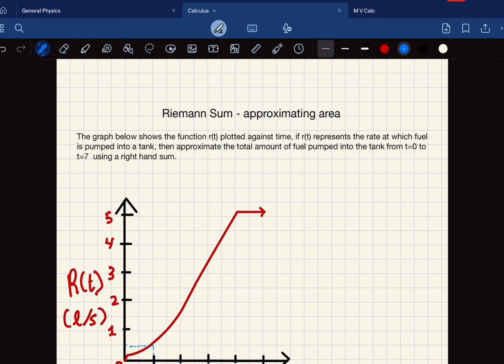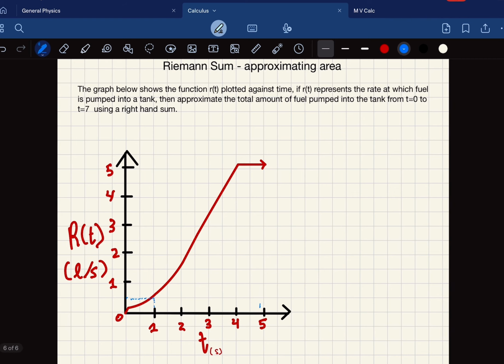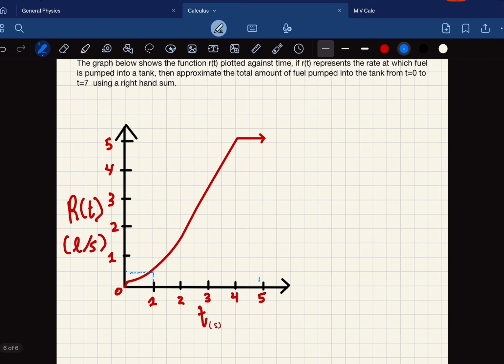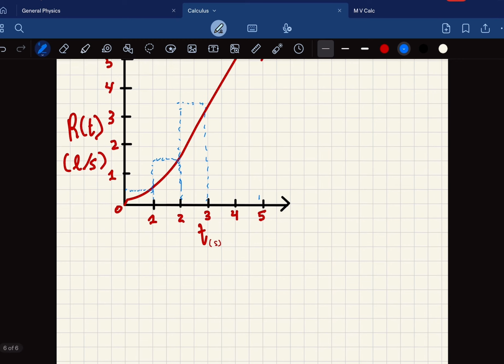And we are going to be approximating the total amount of fluid pumped in by 5 seconds. So, in order to do this, we must find each of these areas, as these are our best ways of approximating this function's area.